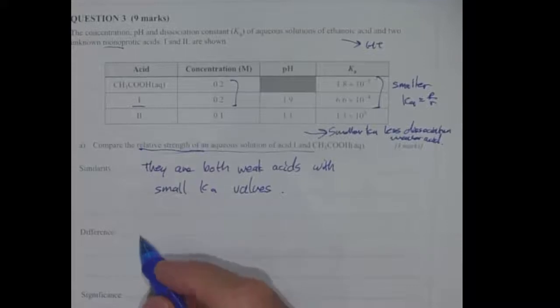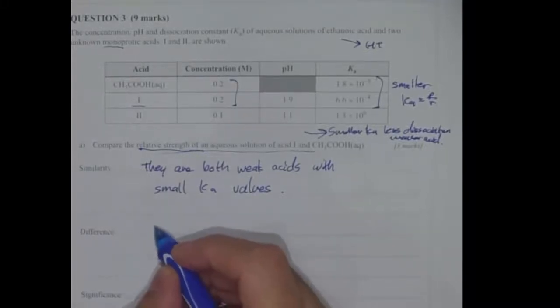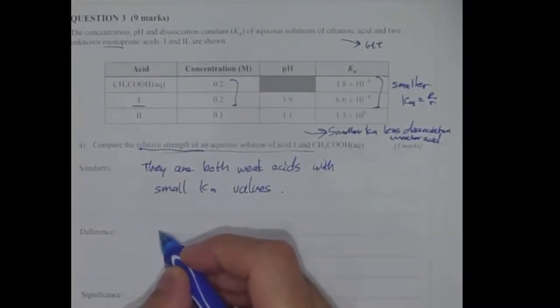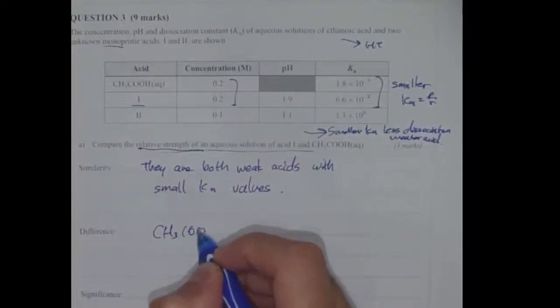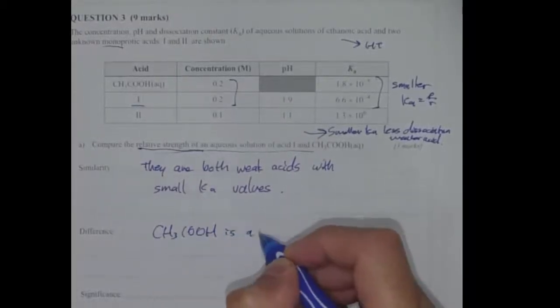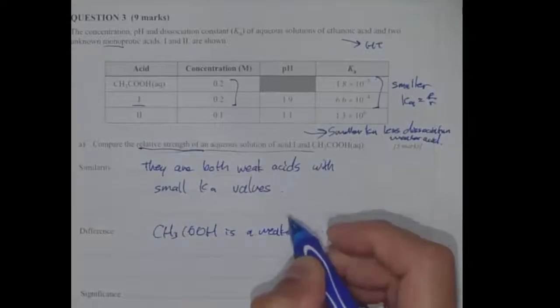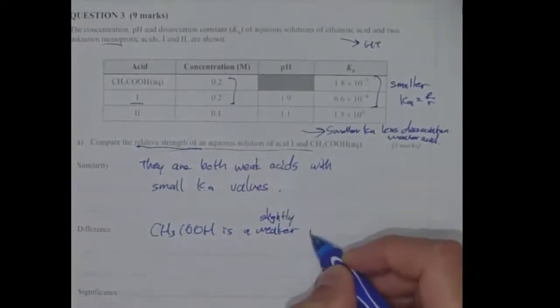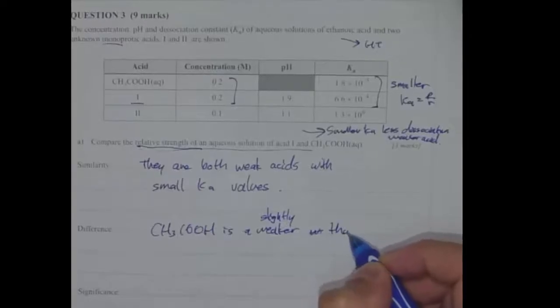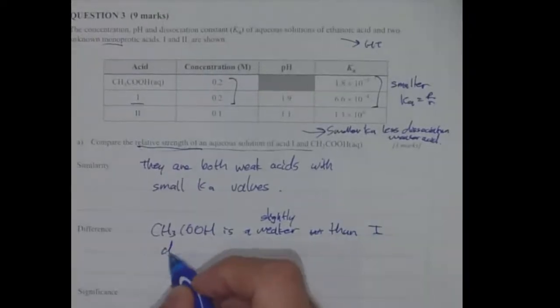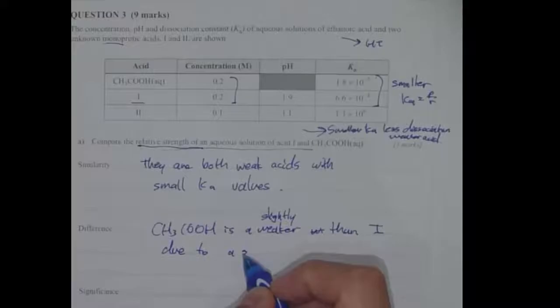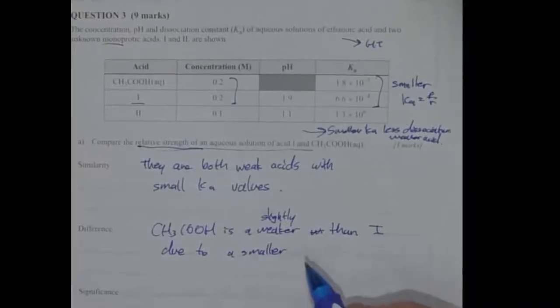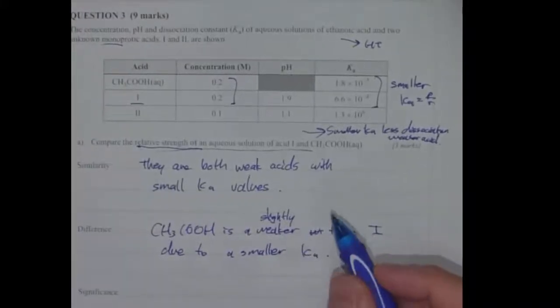The difference: ethanoic acid is a weaker acid, slightly weaker acid than 1 due to a smaller Ka. What's the significance of that?